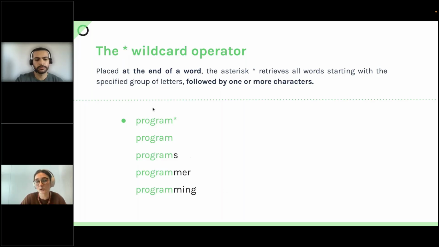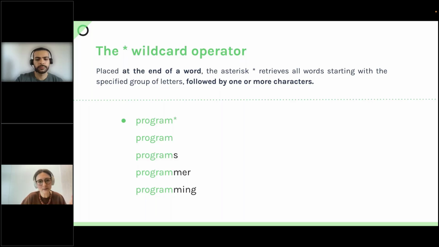So all these words start with the root program, and by using the wildcard, I'm sure to include all the variations of the same word. So this is super useful. I'm gaining time. I'm saving characters, so I will use fewer characters in the query.